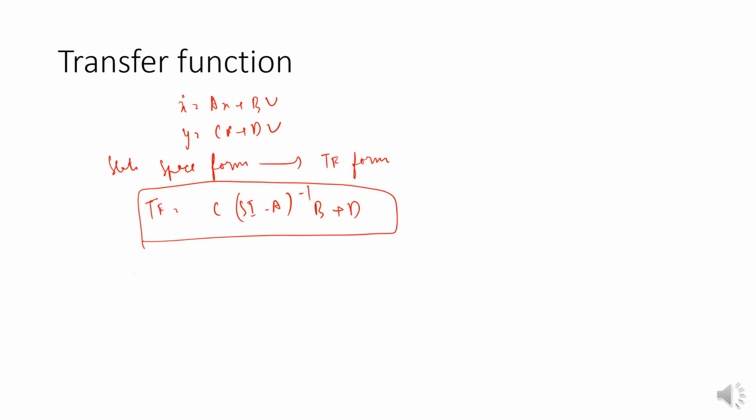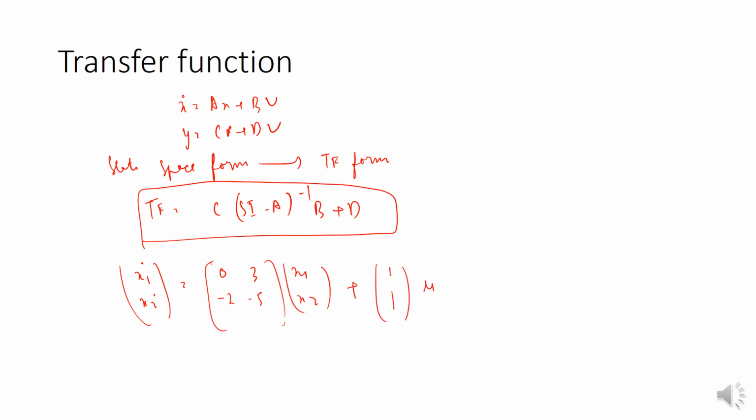Suppose x1 dot, x2 dot is equal to the matrix 0, 3, minus 2, minus 5, this is A, times x1, x2, plus B times u, and y is equal to 2, 1 times x1, x2.